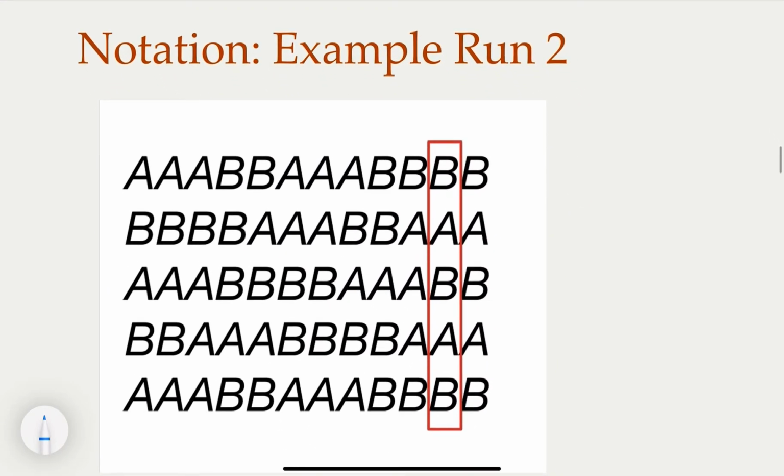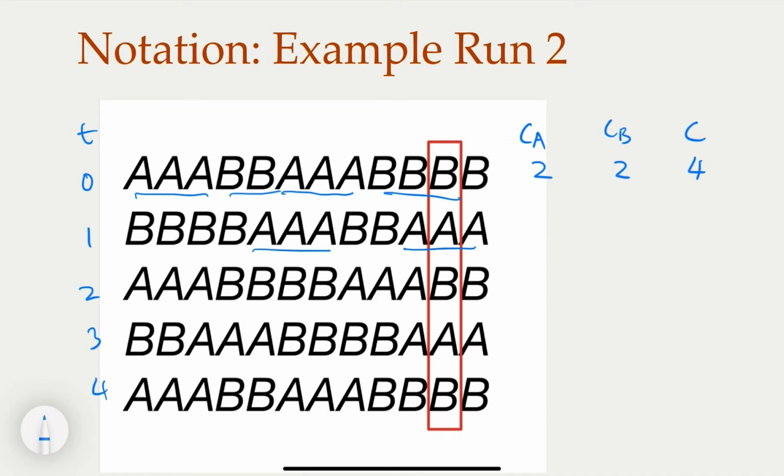So what is the CA, CB? What is the total? What is the time here? 0, 1, 2, 3, and 4. So here, let's count. CA is 2, CB is 2. The total is 4. And here, 1, 2, 1, 2, so it's 2, 2 is 4.